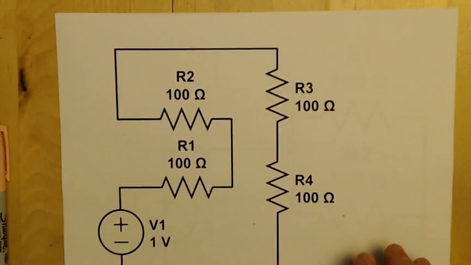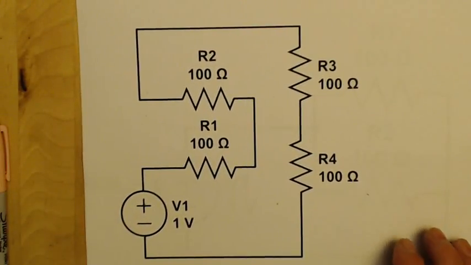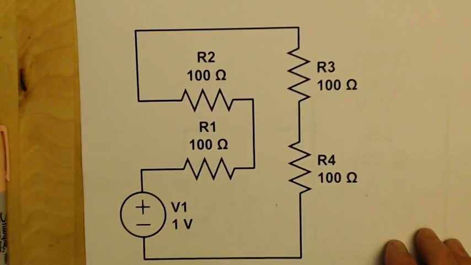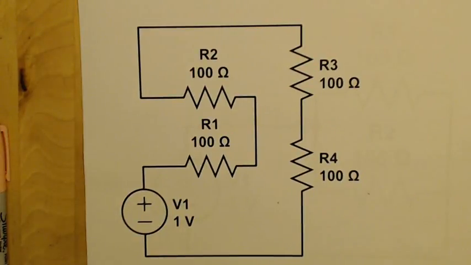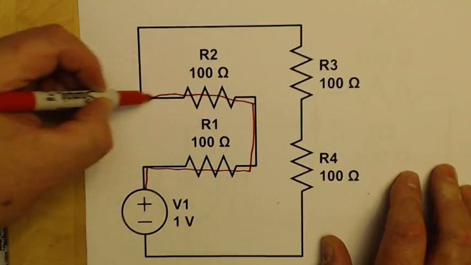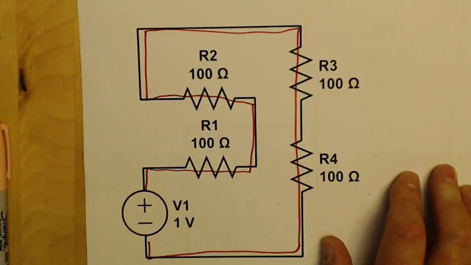Okay, so let's study this next one. This one looks a little different. Well, I'd like to ask you, do you think it is series or parallel? Or perhaps both? Well, let's take a look. Let's use red here. I'll start at the voltage source, go through each component, and in fact there's only one path through that circuit, so it must be series.